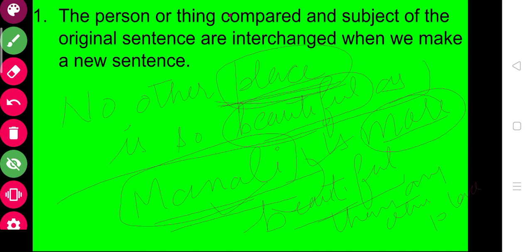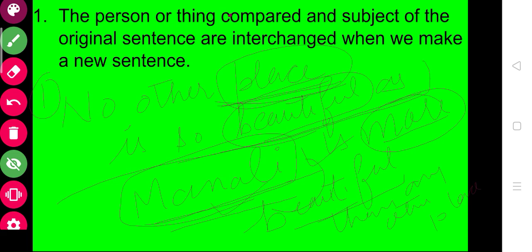These changes we'll talk about later on, but what you need to understand here is what was first in the first statement, in the positive degree. In "as beautiful as", the place came in the beginning of the sentence. But when we make the comparative of the same, Manali got interchanged.